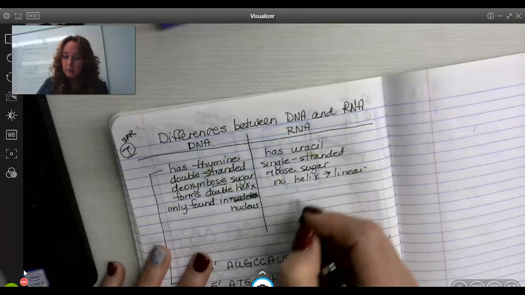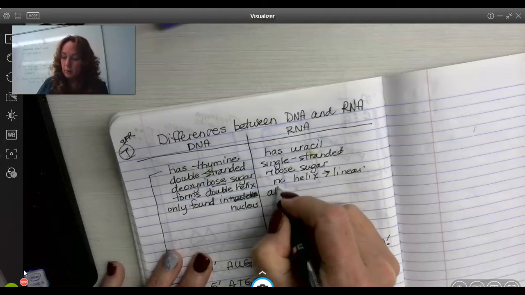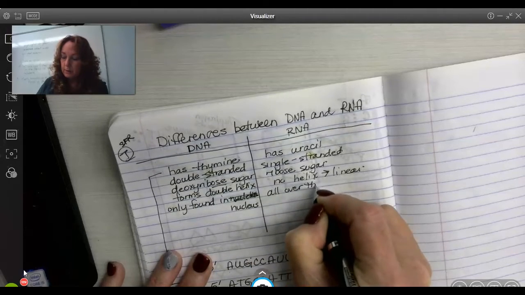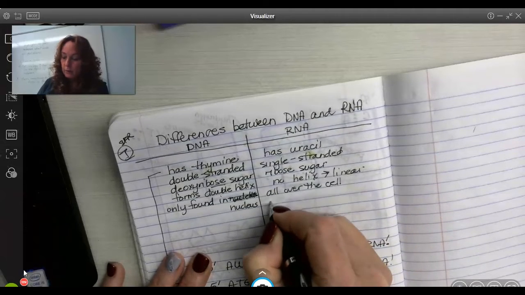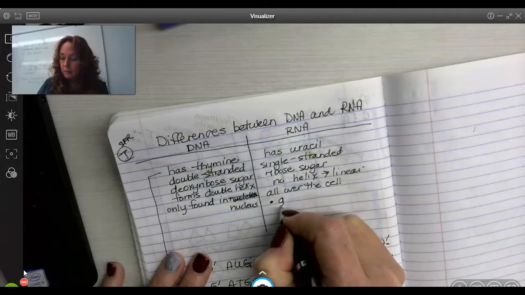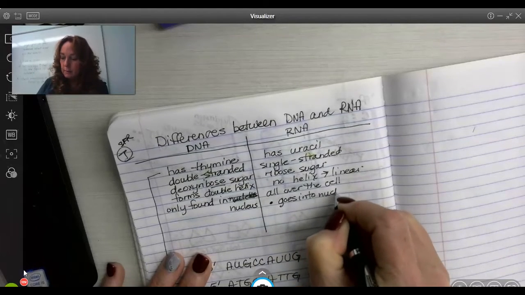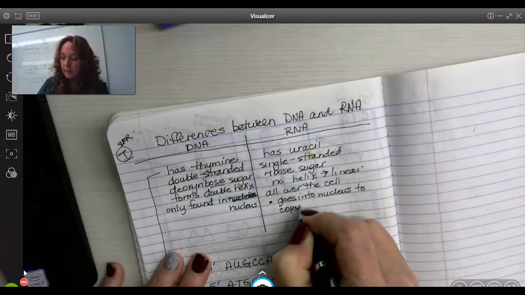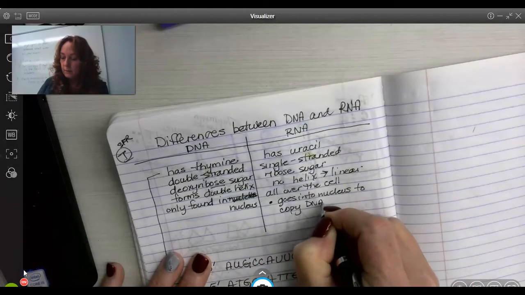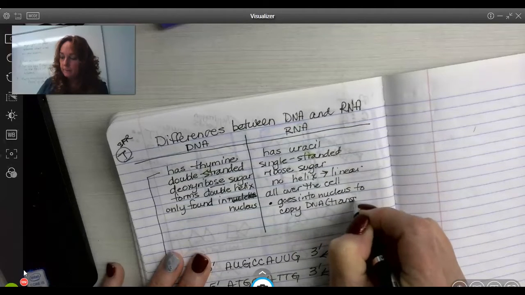RNA is going to be found all over the cell. And it's going to be primarily found, it goes into the nucleus, and it's going to make a copy of a gene on DNA. That's transcription.